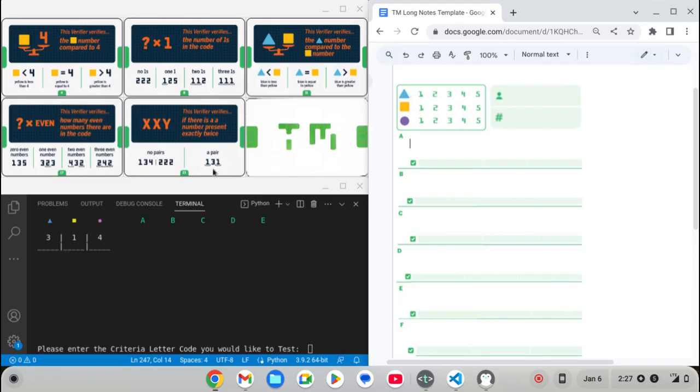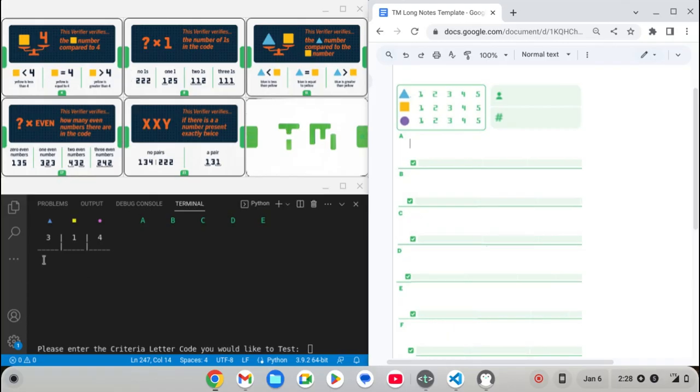Specifically, it can inform us that there is a pair, as in the example 131, or alternatively, there are no pairs, but there are 2 cases. One where all the digits are distinct, as in the example 134, or all the digits are the same, as in the example 222. And remember, the objective of today's puzzle is to find that unique 3-digit code that abides by all the 5 criteria cards we just described.